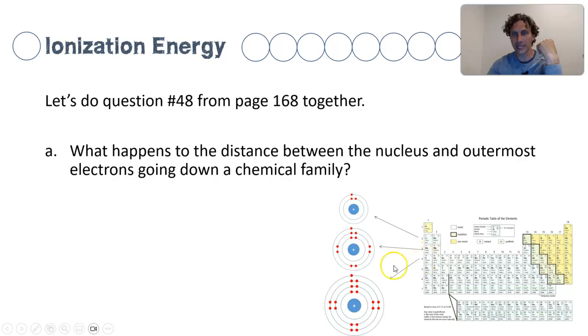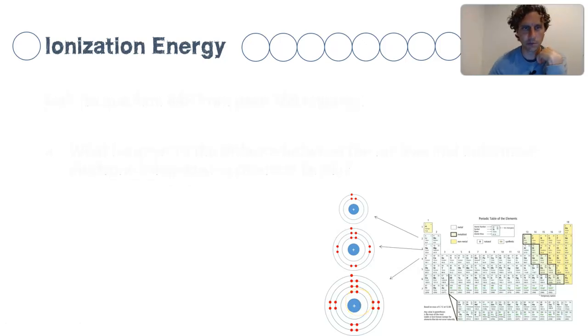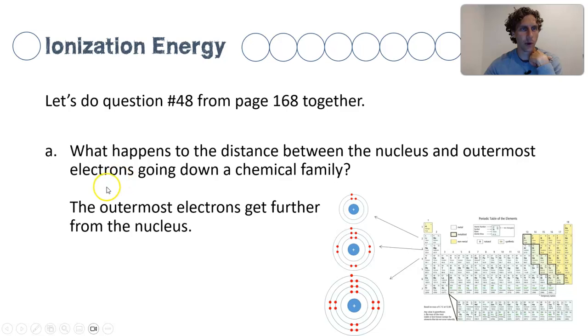Bohr model diagram for potassium. 2, 8, 8, 1. What is happening to the distance between the nucleus and the valence electrons, the outer electrons? The distance is getting bigger. The atoms are getting bigger. So for 48A, the outermost electrons get further from the nucleus.